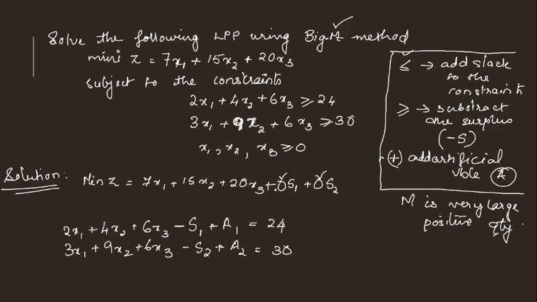You should take care of this while using the big M method for solving a problem. Then I'm going to introduce the artificial variables also, a1 plus a2, and now here comes your M. M is a very large positive quantity, and M is the coefficient of your artificial variable a1, and the same M is also the coefficient of your artificial variable a2.